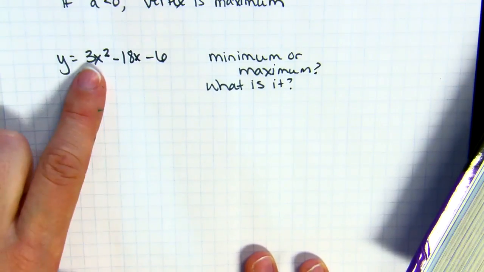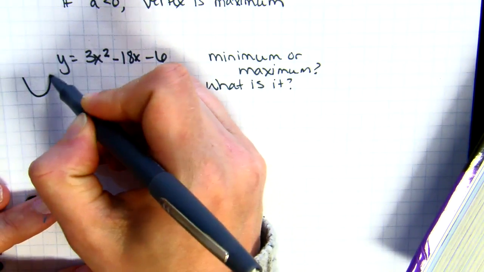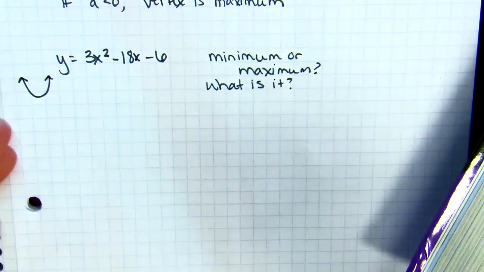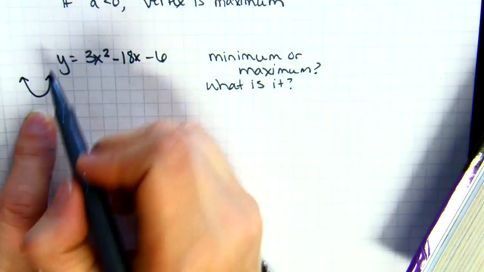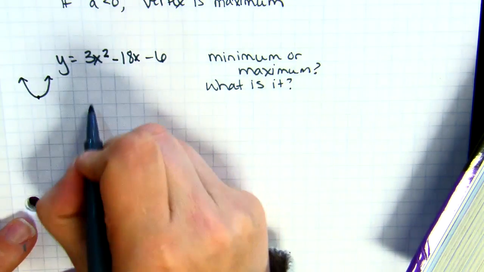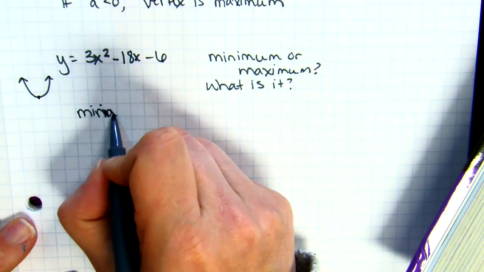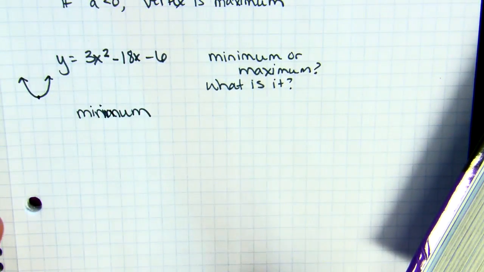So think about what this graph looks like. A is positive, so my graph is going to open up like this. I have no idea where my graph is going to be, but I know that this is the general shape, which means that the vertex is going to be the minimum value. So this graph has a minimum.